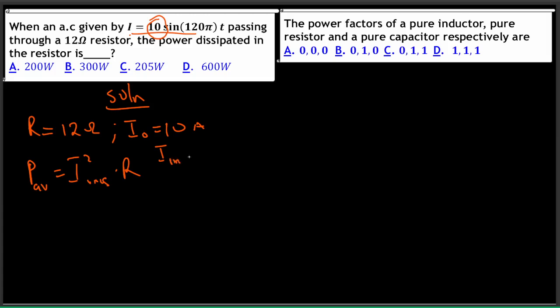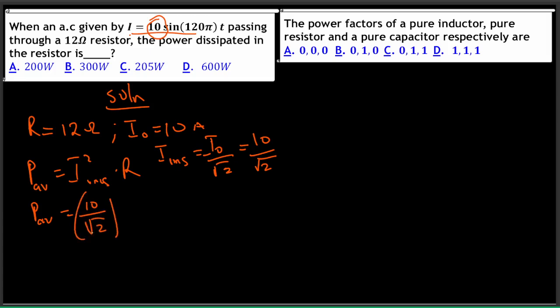So that means I need to convert this to the RMS value. The RMS value of the current is the peak divided by root 2. Do you remember? So this will be 10 over root 2. So average power is equal to (10 over root 2) squared times the resistance, which is 12.